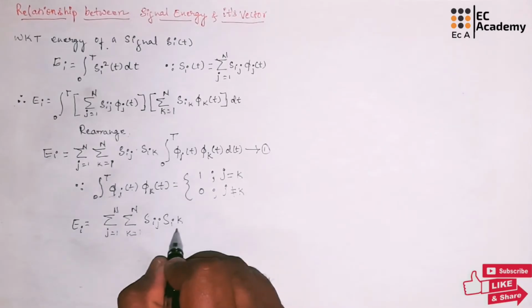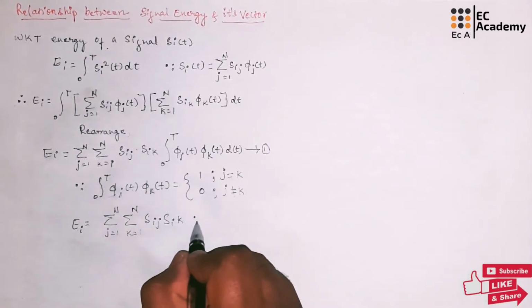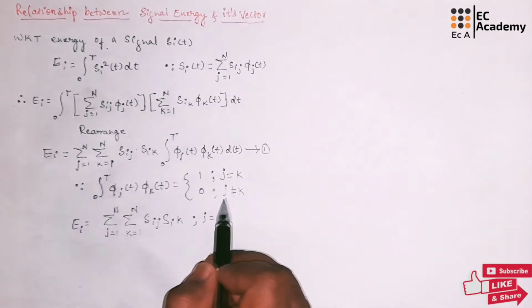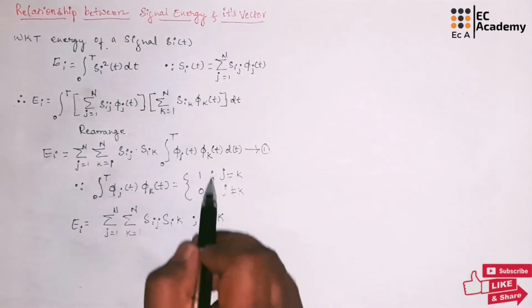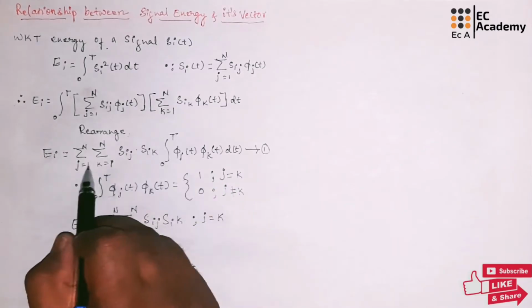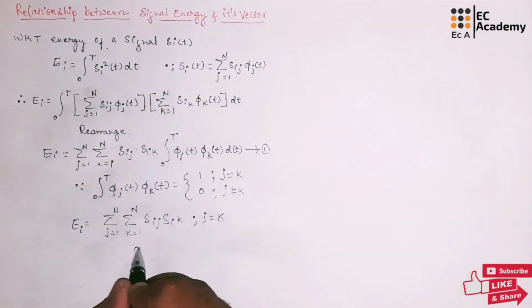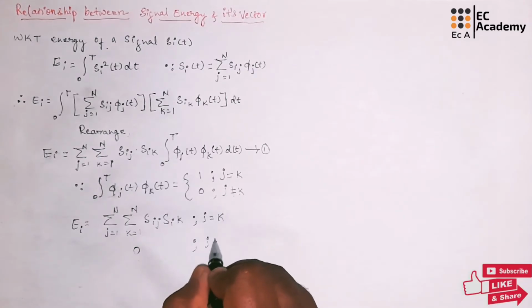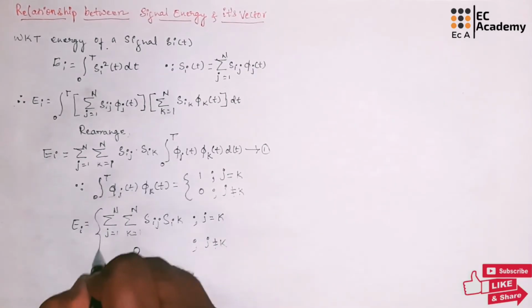So this is the equation obtained for j is equal to k. If j is not equal to k, then this term will become 0, and 0 into this term, energy will become 0. So we will get energy as 0 for j not equal to k.